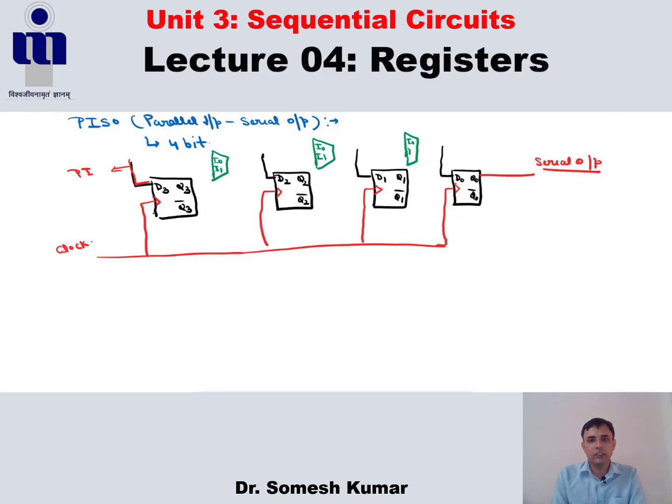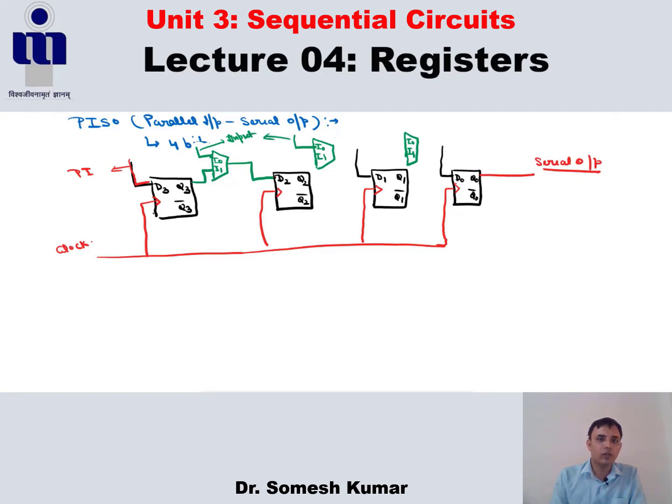We need three muxes here. So this is I0, and now I am saying this I0 is the input. So I remove this input from here. Now this is our input. This Q3 is connected here, and the output of this mux is connected to D3, and this I1 is now the input.